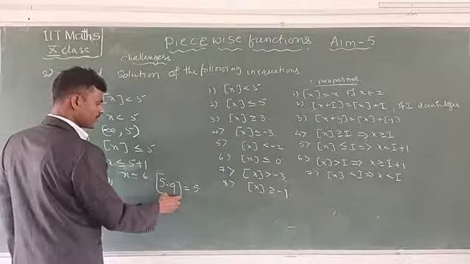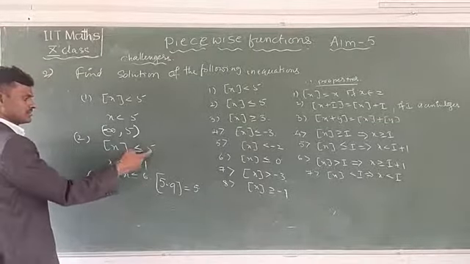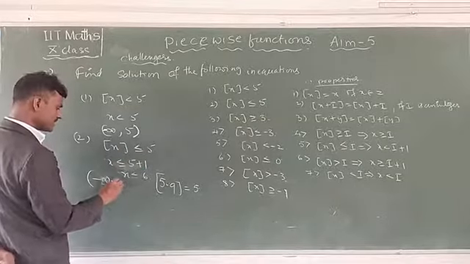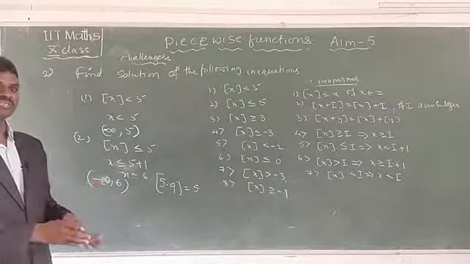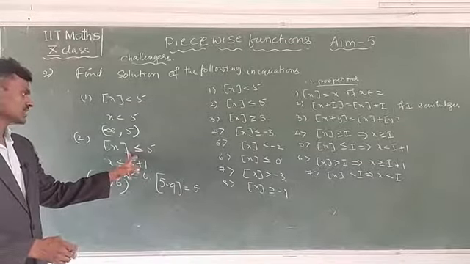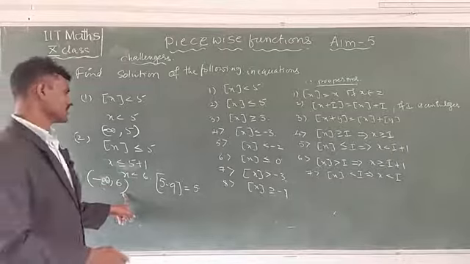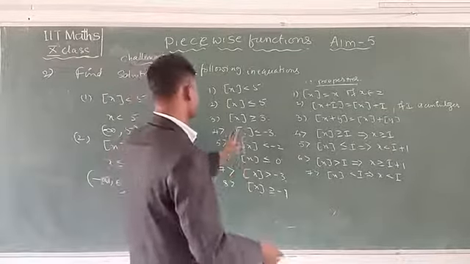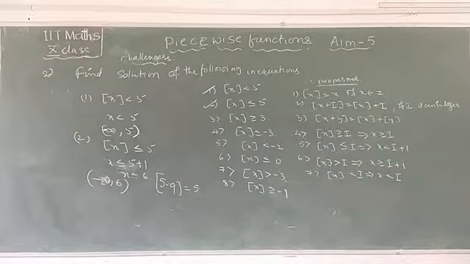Up to 5.9 it is less than or equal to 5. That's why you take 6 as an open interval, not closed. Closed interval means including 6, and including 6 is not possible. That's why this is minus infinity to 6. Understand? This is the second one. Note down the first and second. I will explain next.